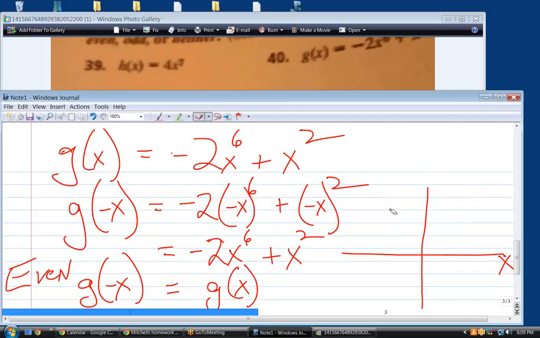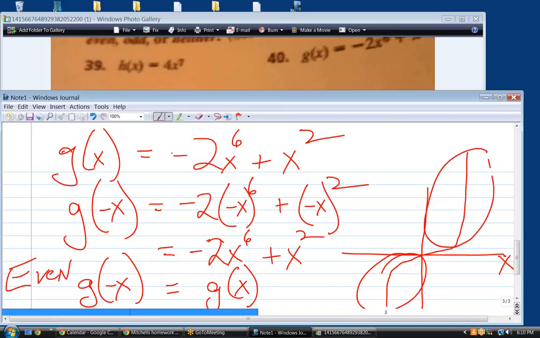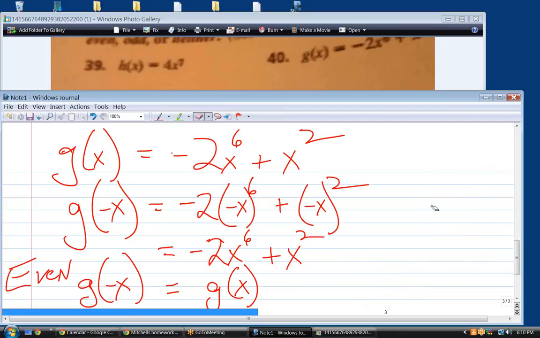If you discover a function is odd, that's symmetry about the origin. What does that mean? That means that if you reflect this about the y and then again about the x, you would have this part here. In other words, if you took that and reflected it about both axes, that's symmetry about the origin. So this function is even.